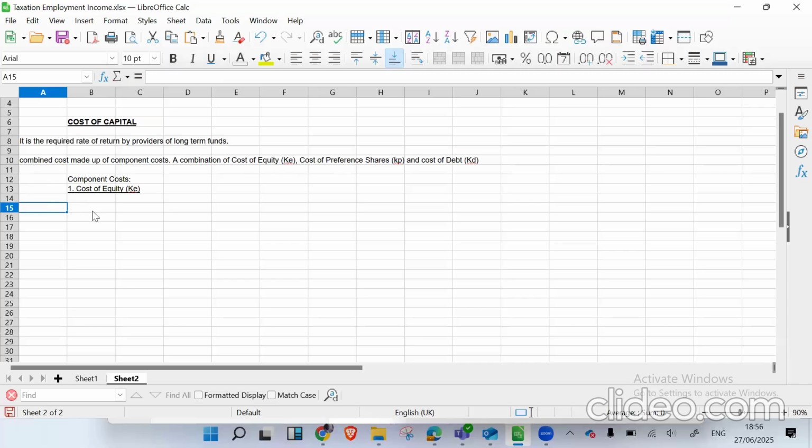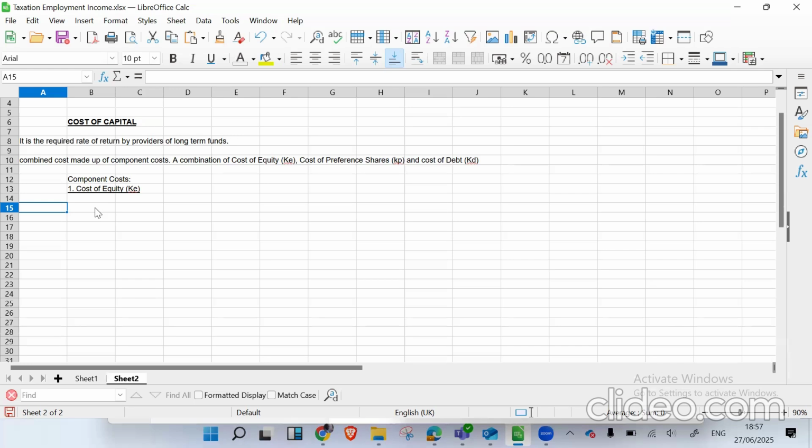It is the required rate of return by ordinary shareholders. Two methods are available for calculating KE.